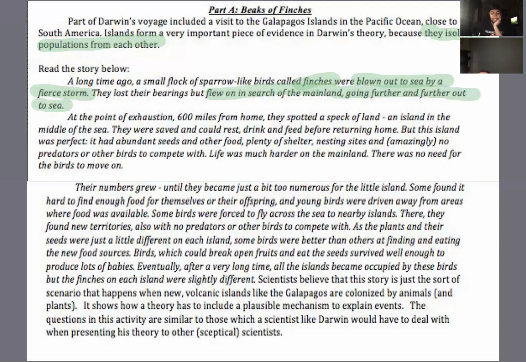At the point of exhaustion, 600 miles from home, they spotted a speck of land, an island in the middle of the sea. They were saved and could rest, drink, and feed before returning home. But this island was perfect. It had abundant seeds and other food, plenty of shelter, nesting sites, and amazingly, there were no predators or other birds to compete with. Sounds perfect.